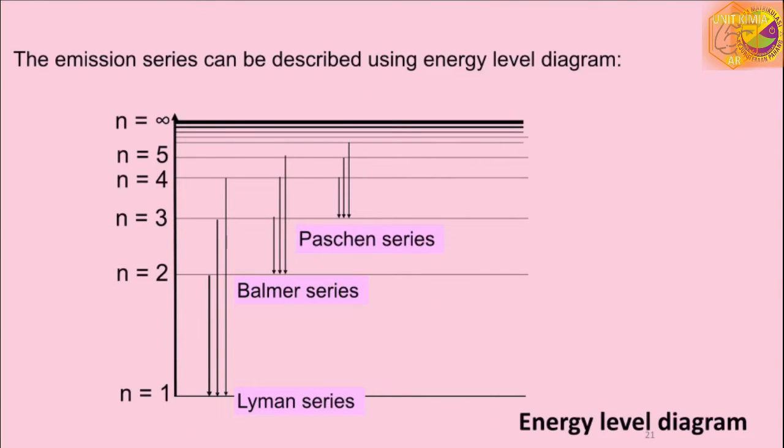Same goes for Brackett series and Pfund series. The lines in Brackett series are formed when an electron at excited state falls back to n equal to 4, while in Pfund series, the lines are formed when an electron at excited state falls back to n equal to 5.